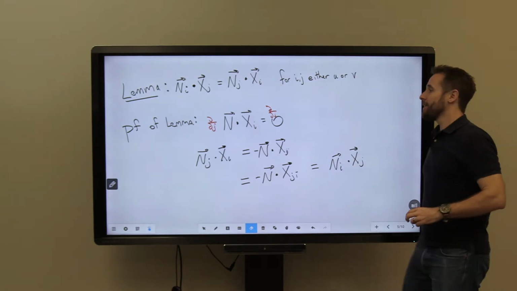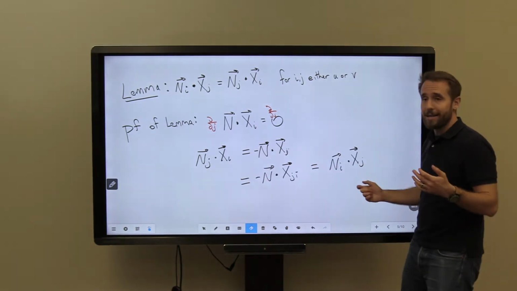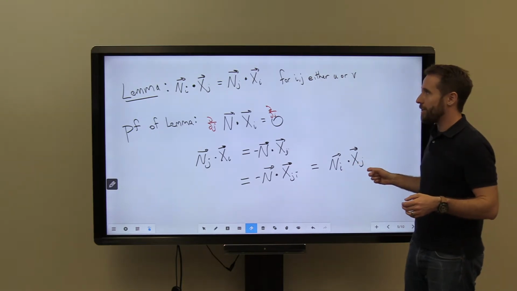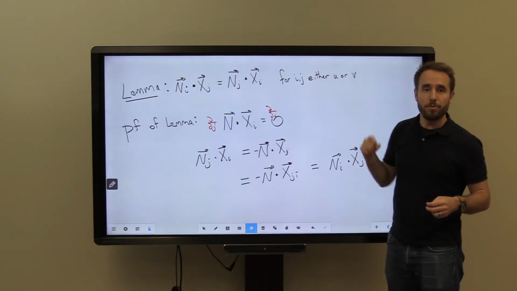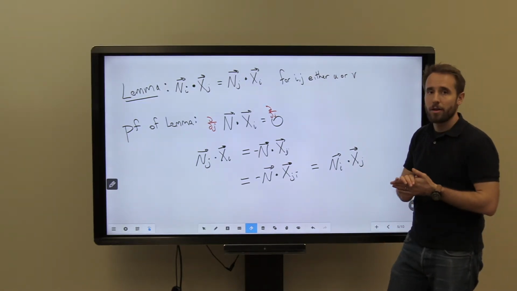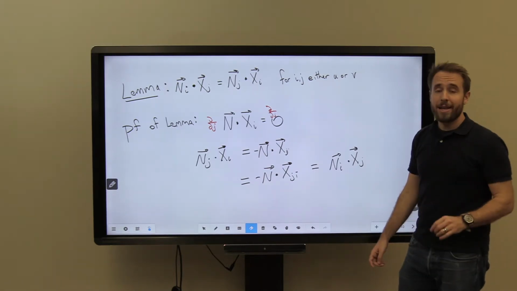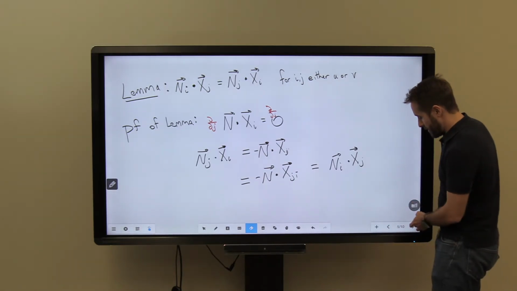So let me try that again. By transitivity, n sub j dot x sub i should equal positive n sub i dot x sub j, exactly what we were trying to prove in the lemma. Now, that nice equality will end up being important in proving the theorem.